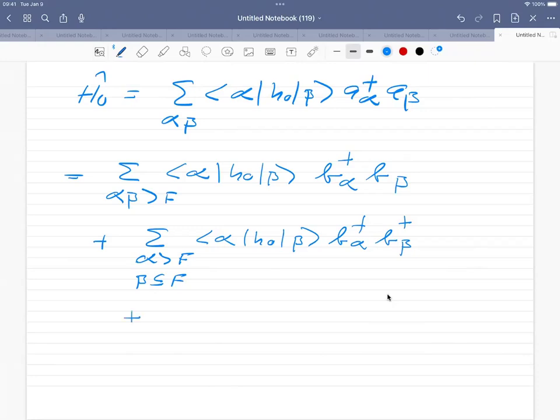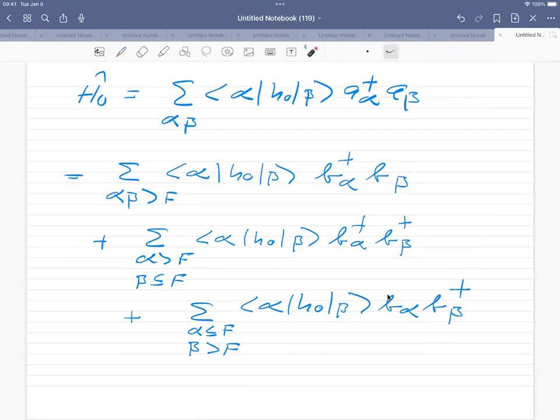Then I have plus, and then I have alpha less than f, and beta larger than f. And this becomes equal to alpha H0 of beta, and then I have B alpha, and then I have B beta dagger. This is not normal ordered.